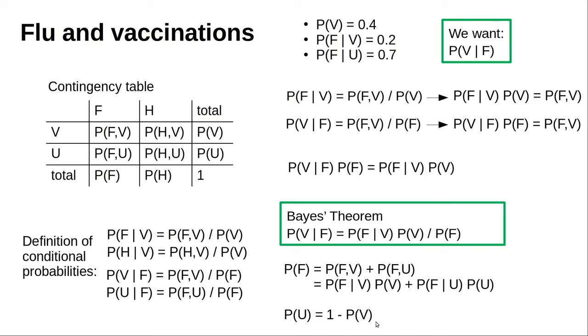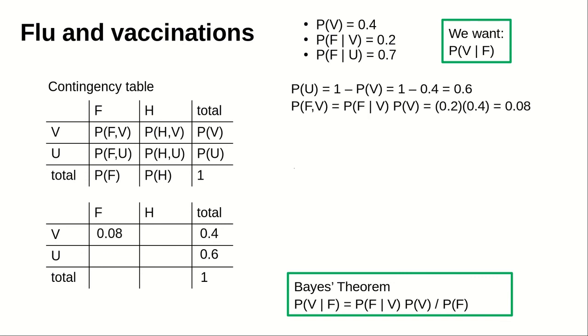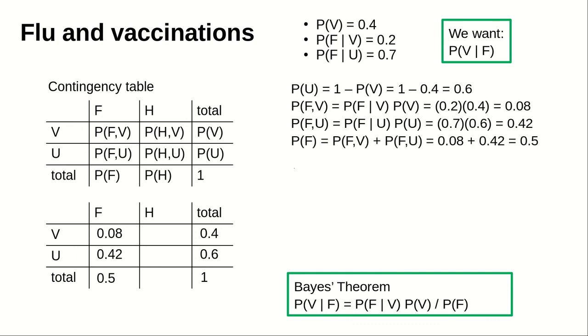It's probably more enlightening to fill numbers into the contingency table rather than just plugging numbers in the formula. First of all, we know that P(V) is 0.4, and from that we calculate that P(U) is 0.6. Then, to fill in the next column, we have to multiply the given conditional probabilities by the probability of V or U. We sum the first column to get that P(F), the probability of getting the flu, is 0.5 or 50%.